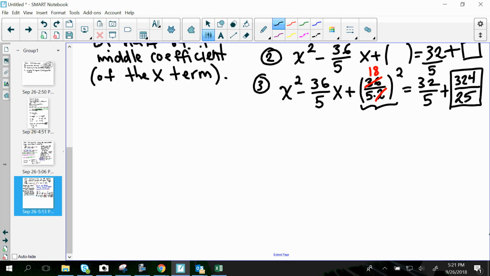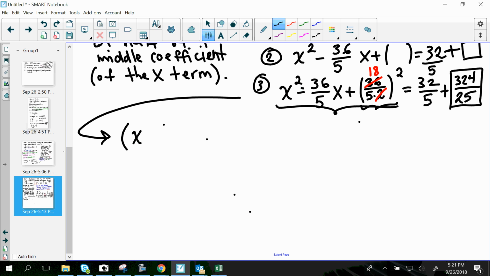All right, now step 3 continued. I'm just going to bring it over here. And so the next step is I'm going to write that perfect square trinomial as a binomial squared. So that'll be x minus 18 over 5.